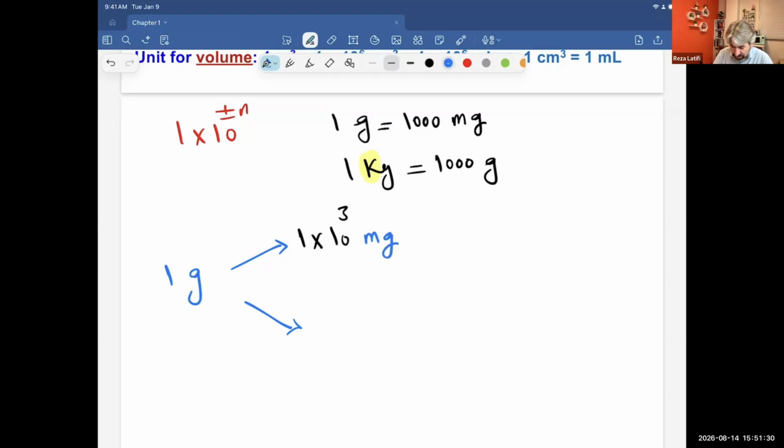And 1 gram is equal to 1 multiplied by 10 to the power of minus 3 kilogram. As you see, the only thing I changed is the sign of the exponent. The first one is positive, while the second one is negative, and I managed to transfer gram to kilogram or milligram.